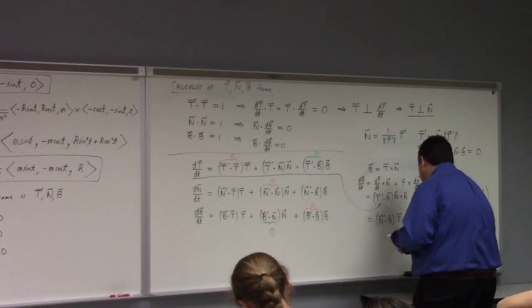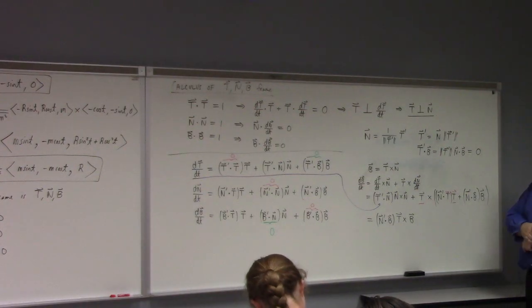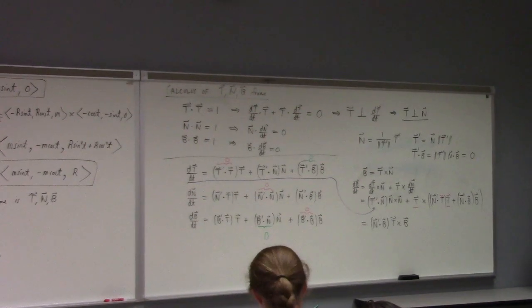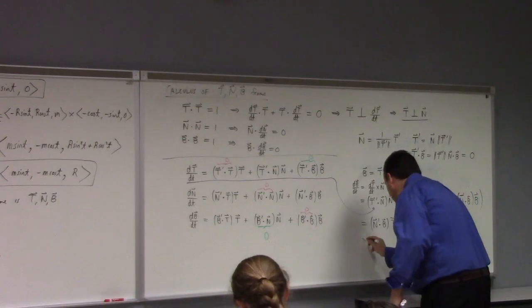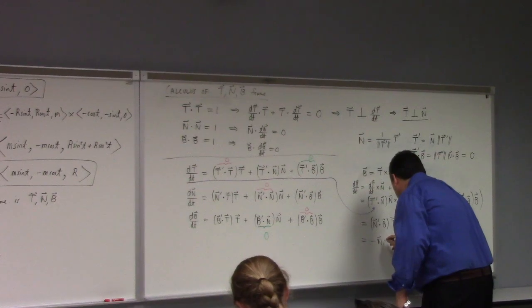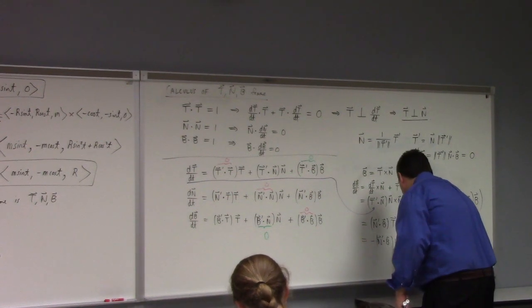What's t cross b? It's negative n because of the right-handedness. So this is in fact minus n prime dot b times n.